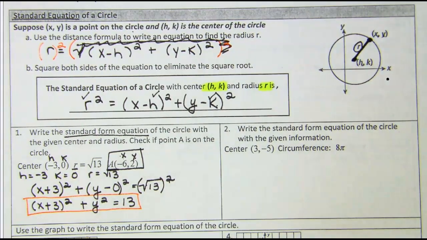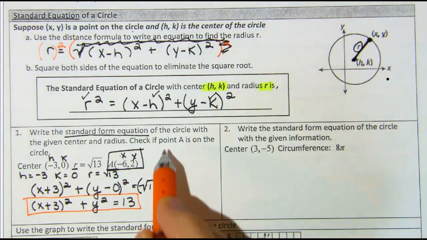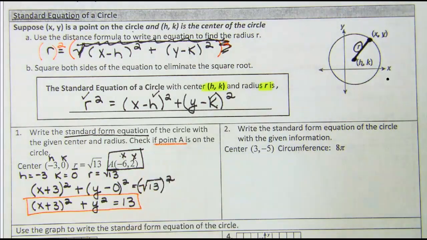Okay, so that's the equation. Now to address this, check to see if point A is on the circle. So what we do is we plug in x and y into the equation of the circle. So I now have (-6 plus 3) squared plus 2 squared, and I'm going to check to see if that equals 13.